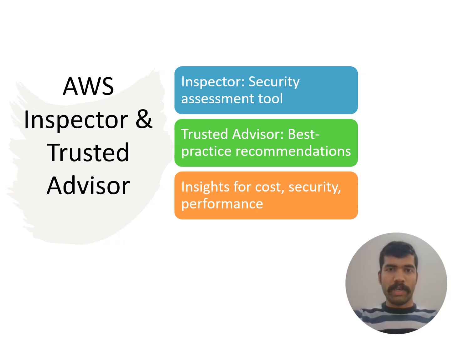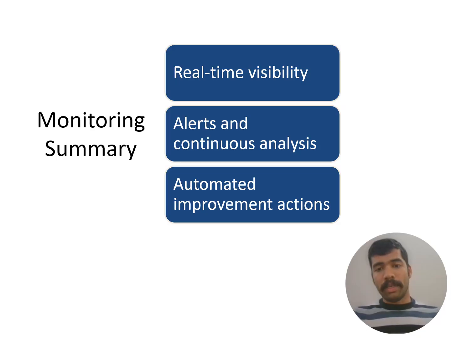Now let's move on to our final slide of this video, where we will discuss the summary of this topic. To summarize and conclude this section of the security and compliance video series, AWS's monitoring and protection services create an intelligent and self-reinforcing security ecosystem by integrating GuardDuty, CloudTrail, Config, Inspector, and Trusted Advisor.